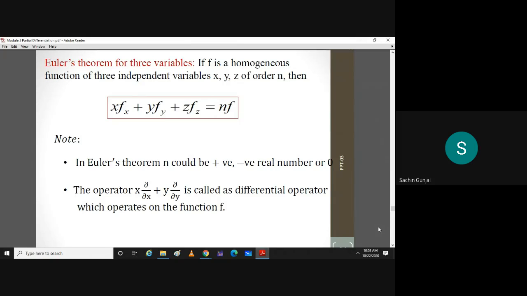u is equal to sine inverse of (x square plus y square) is not homogeneous because the power of t is inside the function sine inverse. If you replace x and y by tx, ty, that t square will be inside the sine inverse, isn't it?